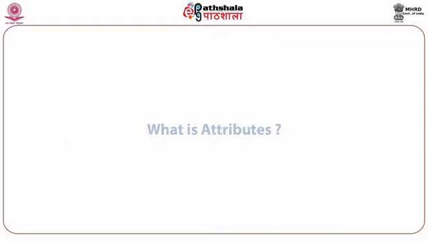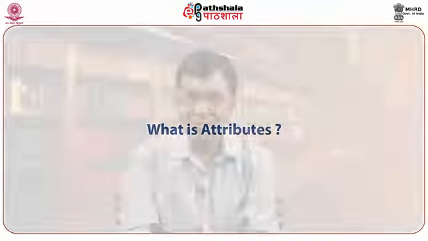Then comes what are attributes. Each entity has attributes. Everybody will say yes, because each entity must have attributes. What is an attribute? The properties which describe the entity. I am giving a very simple example by which we can understand very clearly. A person is an entity. How will my entity be described?